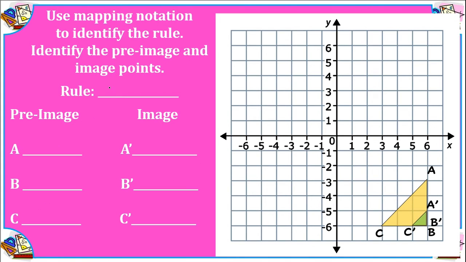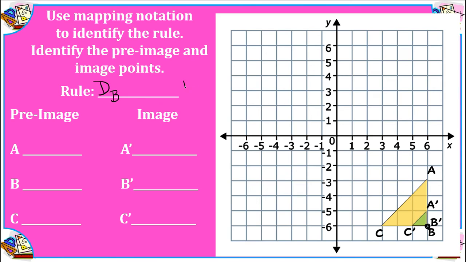So let's write the rule for here. We know we're doing a dilation. Now on here, we can see that B and B prime are the same point. So that is the point of dilation. We can see that we have AB right here. AB is 1, 2, 3.